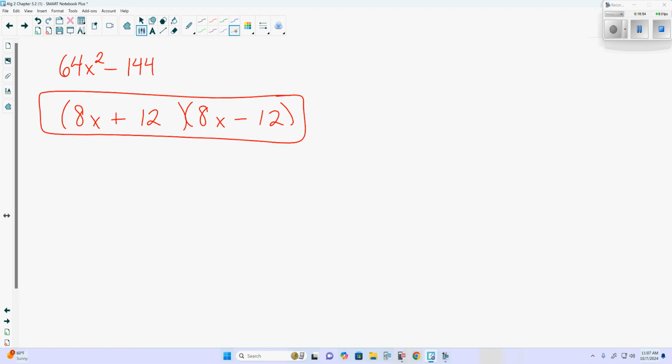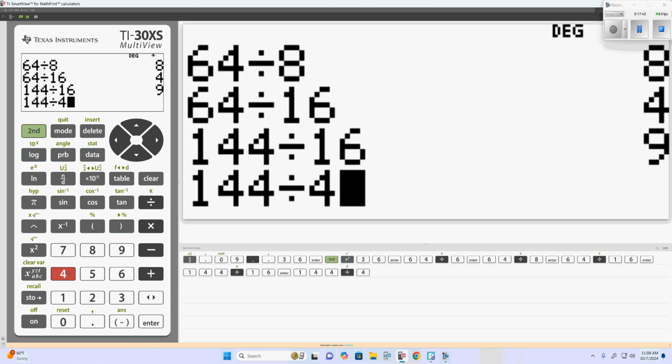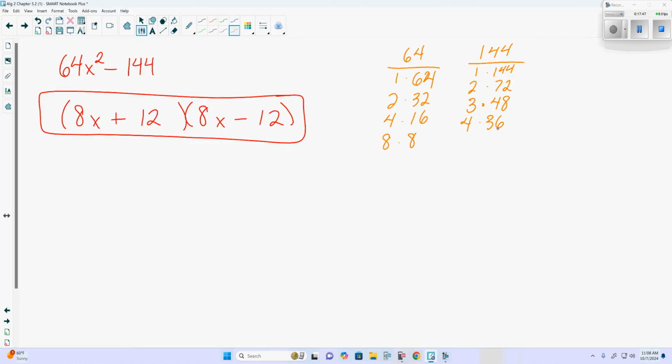So again, we could start looking at our factors. So 64: 1 and 64, 2 and 32. 3 doesn't work, but 4 and 16. 5 doesn't work, 6 doesn't work. 8 and 8, I think, is the next one. 144: so 1 times 144, 2 times 72. 3 does work, 3 and 48. 4 and 36. 5 doesn't work. 6 does, 24. 7 doesn't work.